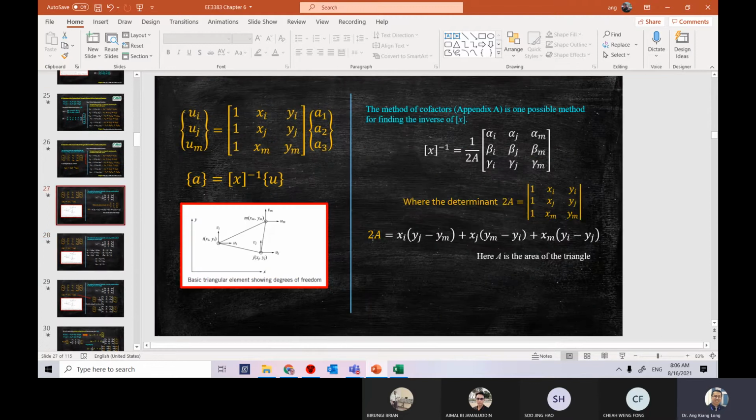There is one equation to find the area of the triangle, given by 2A equals the sum of x times the differences of y. After you get the value, remember to divide by 2, because you moved the 2 to the right-hand side. Then you get A, the area.